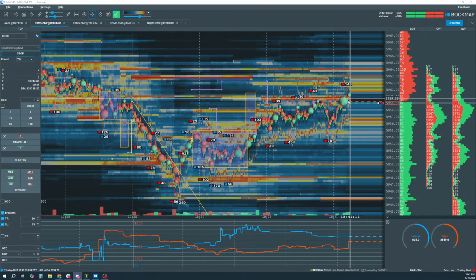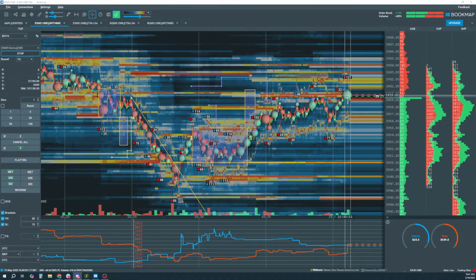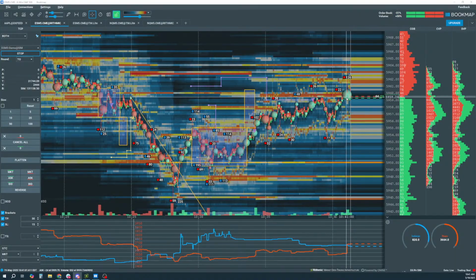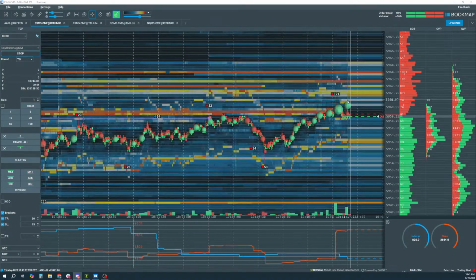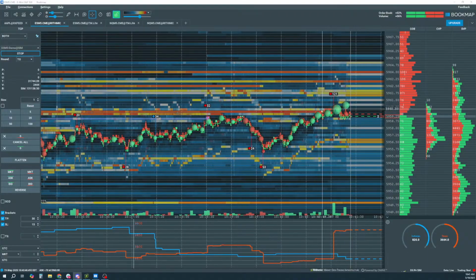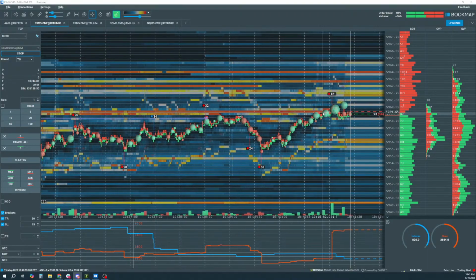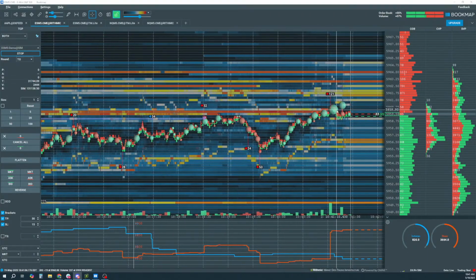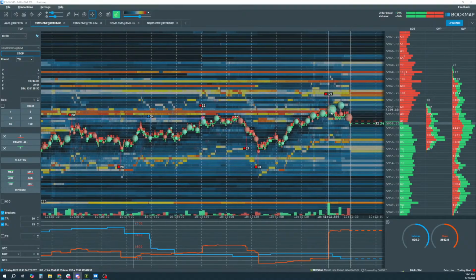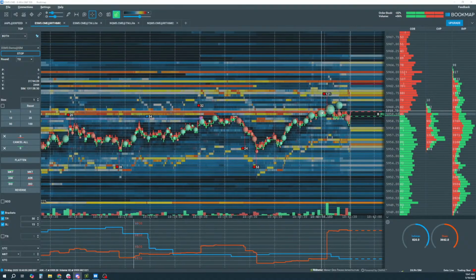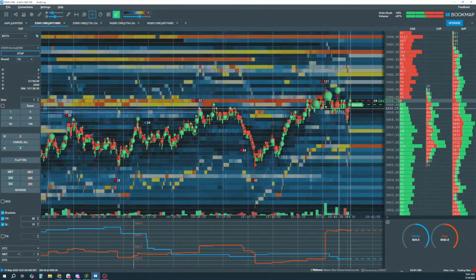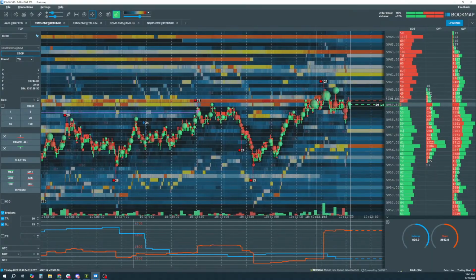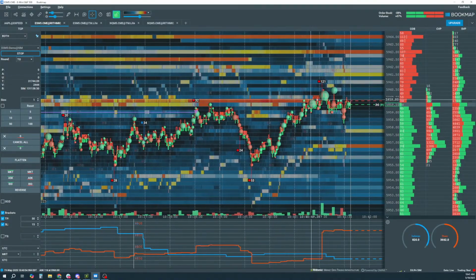Now, do you want to be a buyer up here? I don't want to be a buyer here. I see this big volume dot, and I see a stop run here, and we traded into this high liquidity here though. So after trading into high liquidity, I'm hesitant. This transaction took place right here, into this high liquidity.